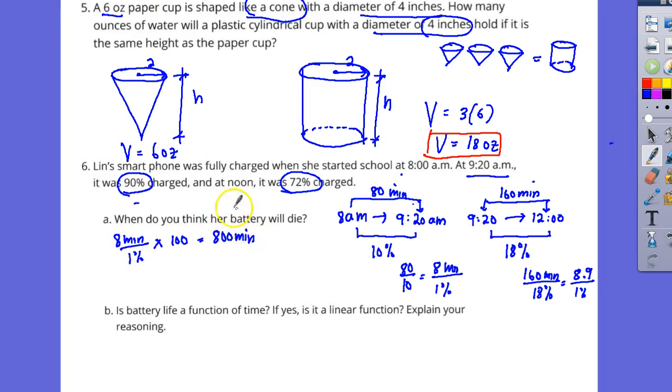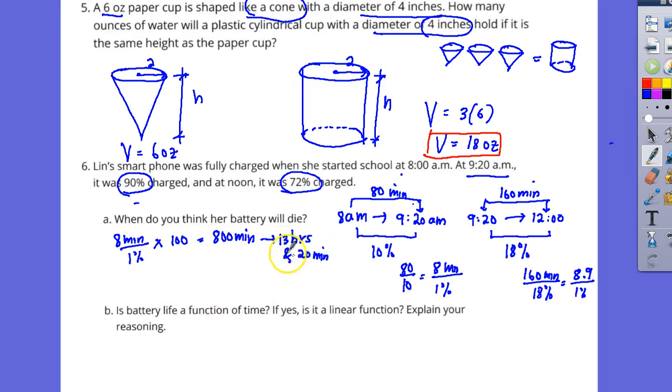So now we know that she can use the phone for 800 minutes. All we have to do is add 800 minutes to 8 a.m. 800 minutes is 13 hours and 20 minutes.